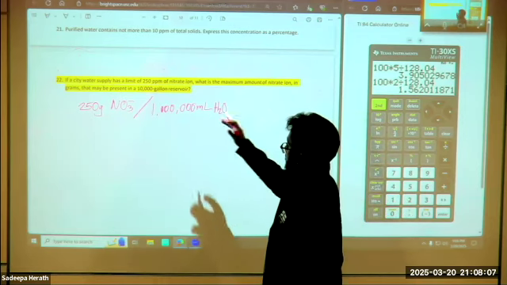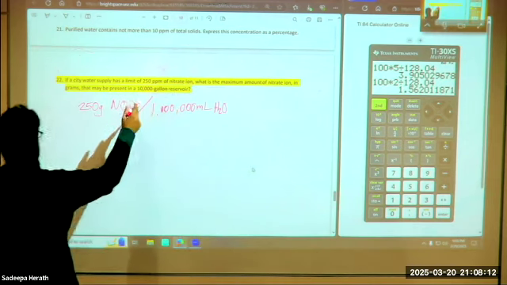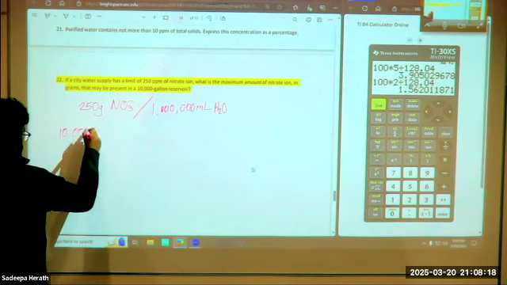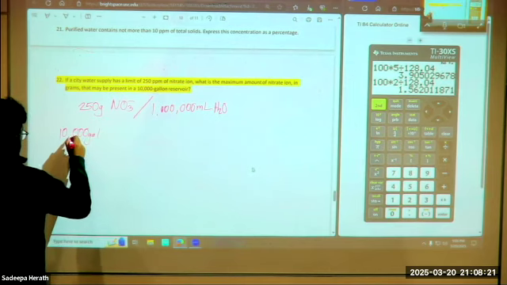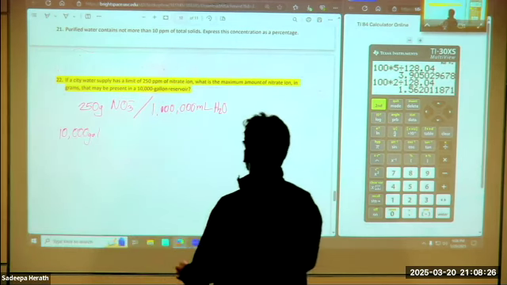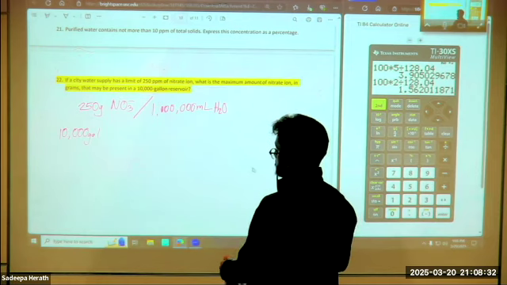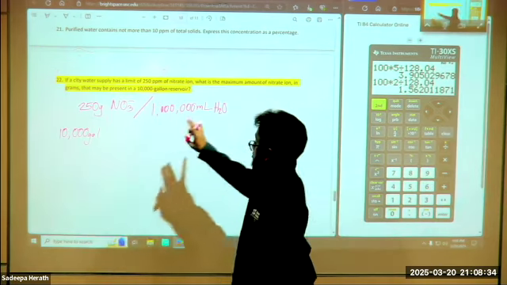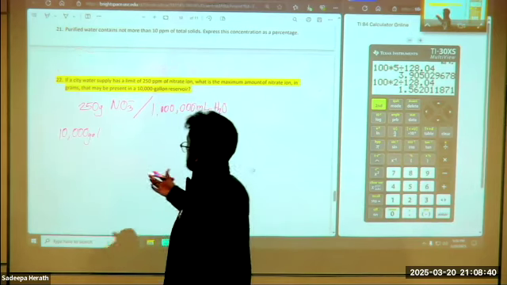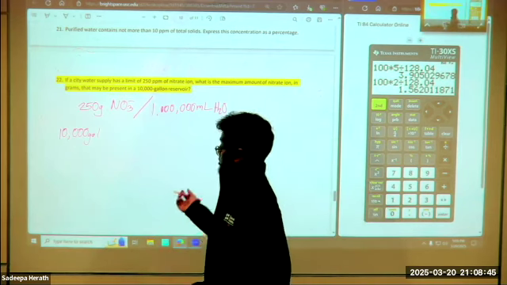Okay, so we have our conversion factor. We have our given 10,000 gallon reservoir of water. They're asking for the maximum amount of nitrate ion in grams. We can't go directly from gallon to mL, right? We need to convert it into mL and then cross that out. Up to you how you go about it, but dimensional analysis looks good.